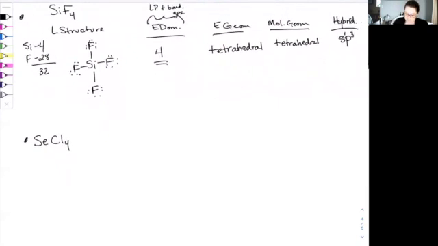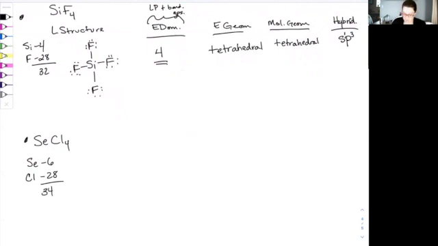Okay. All right, so selenium is underneath sulfur, which is underneath oxygen, so it's in group 6. So it's going to bring 6 electrons. Chlorine's in group 7, so it brings 7 times 4, which is 28. So this is going to be 34 electrons.